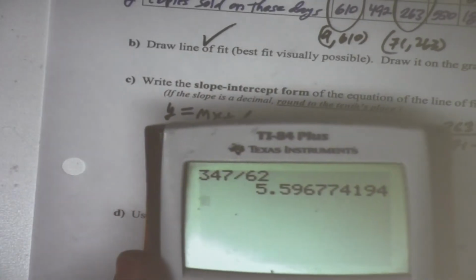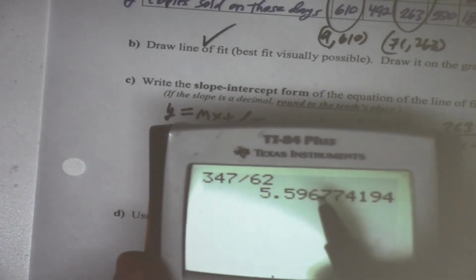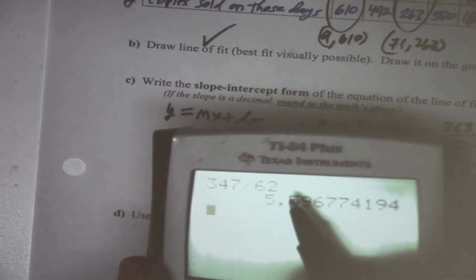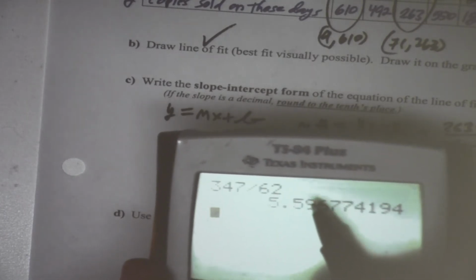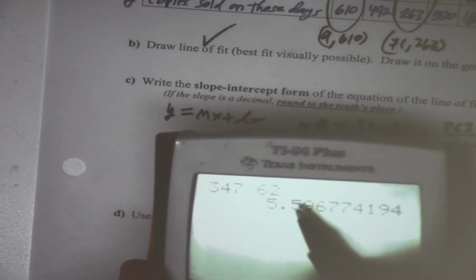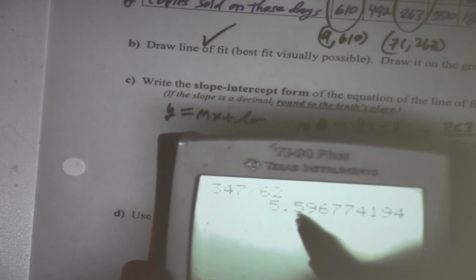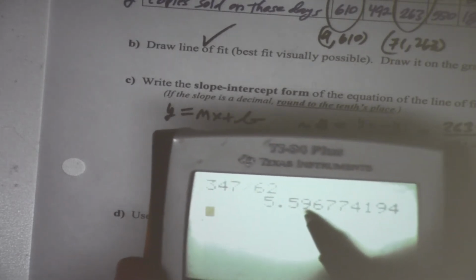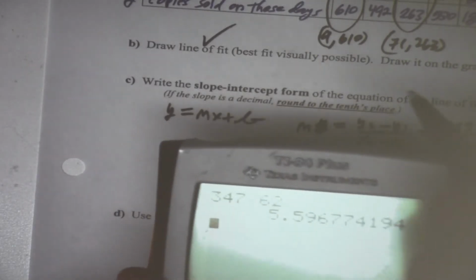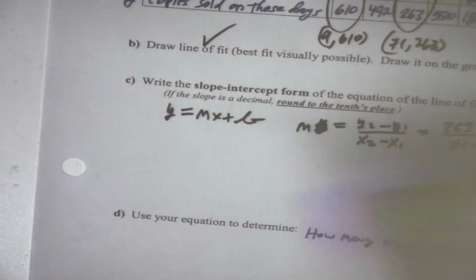It says to round to the 10th place. Well, that's nice on this one because the 9 would make the 5 into a 6, but the 6 makes the 9 into like 10 more anyway, so that definitely has to be a 6. 5.596 is very close to 5.6. Since it says 10th place, 5.6 it is.